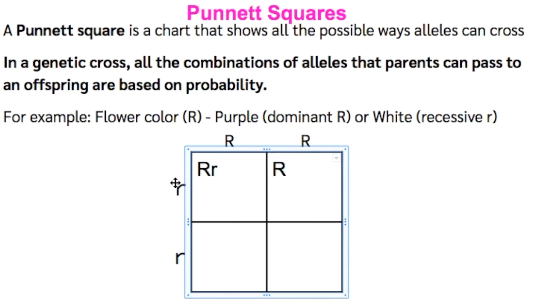This R to the left is going to come all the way over, slide over, just like the box method. Down here, this R comes down, capital. This lowercase r comes across. And last one, this capital R comes down, and this lowercase r comes across. So we end up with all four having heterozygous, remember that word, capital R, lowercase r.